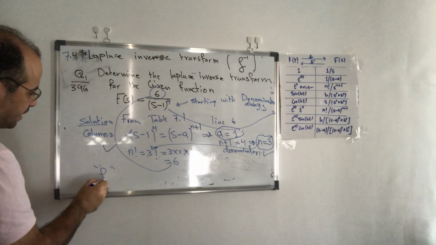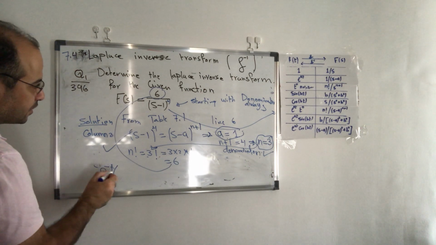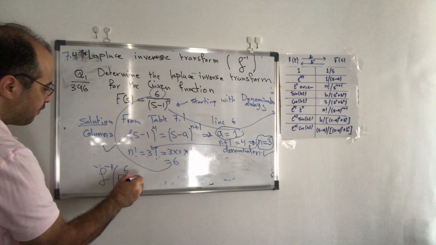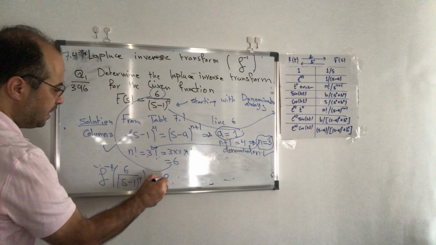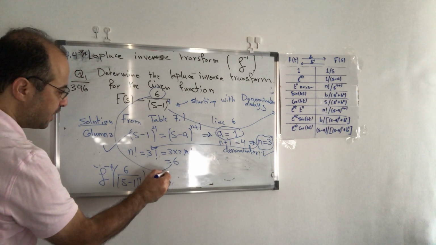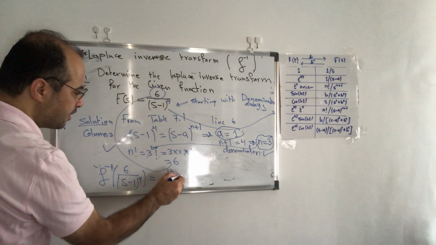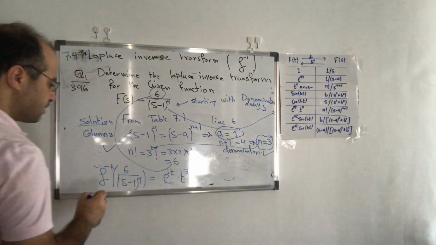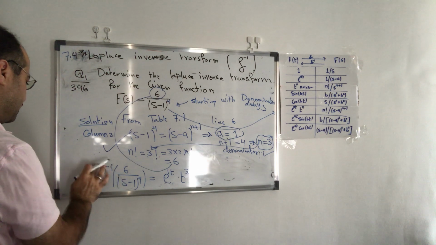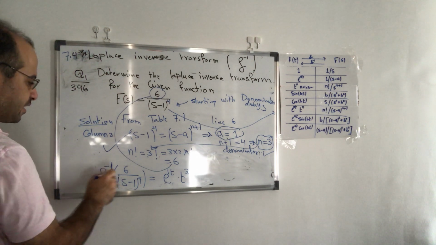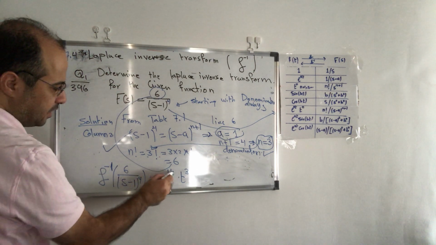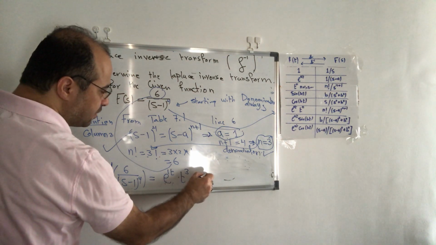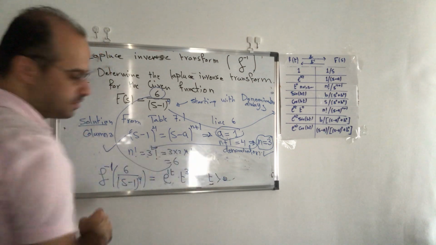Then the Laplace inverse of your function, 6 over s minus 1 power 4, should be e power a t, what is a? It is 1, so e power t, and then t power n, which is 3. So you are done. The Laplace inverse for this function is e power t times t power 3, and of course t is greater than 0, right?